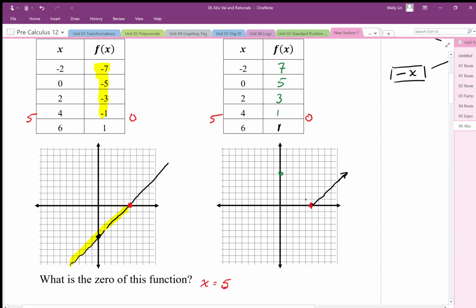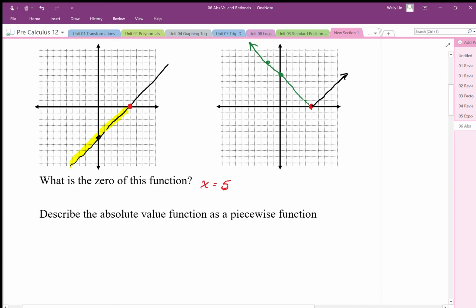Okay, 2 is 7. And the graph is just going to be a reflection. So this green graph is a reflection of the yellow graph there. And we end up reflecting this portion of the graph and basically folding it above the x-axis. So this is what the absolute value does.